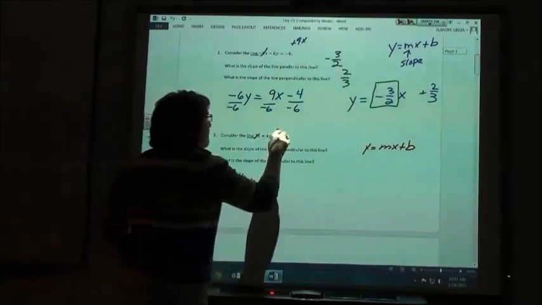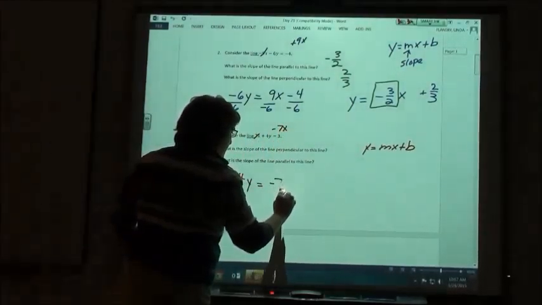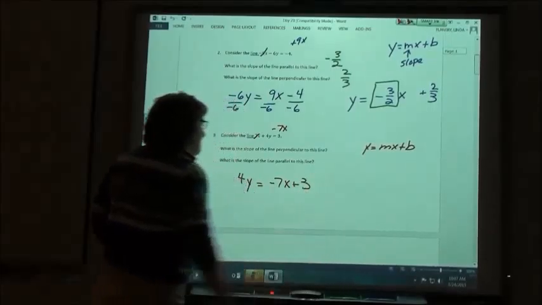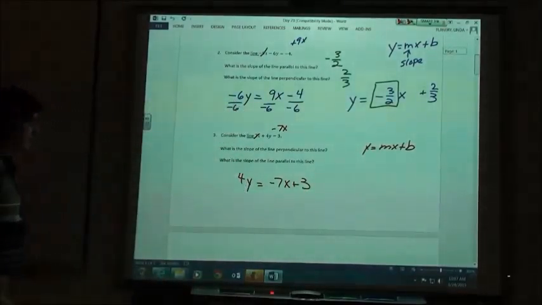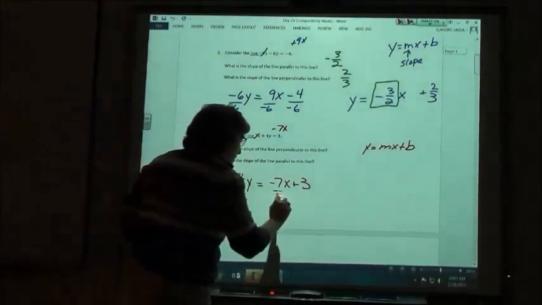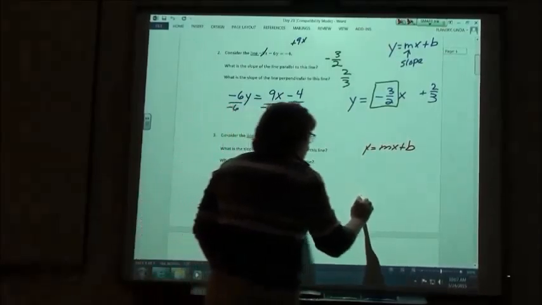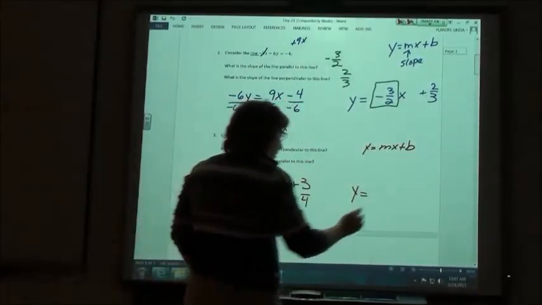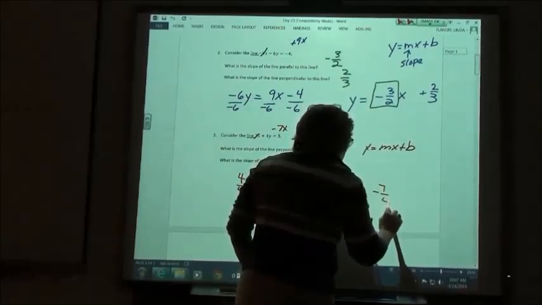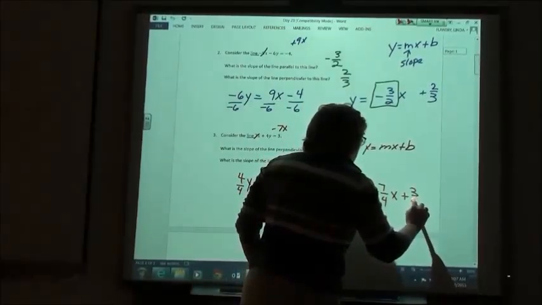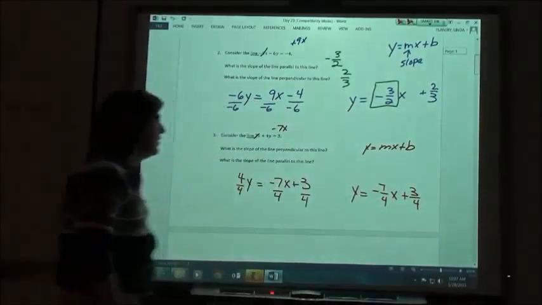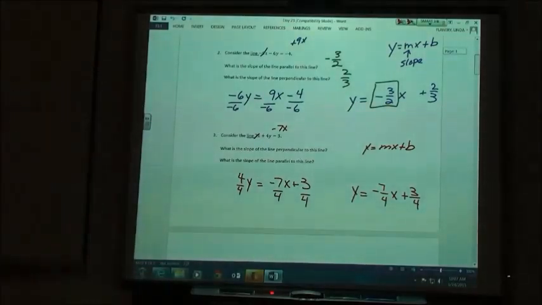Minus 7x plus 3. Okay. So we divide by 4. So y is going to equal negative 7/4 x plus 3/4. Don't forget the x behind your 7/4.